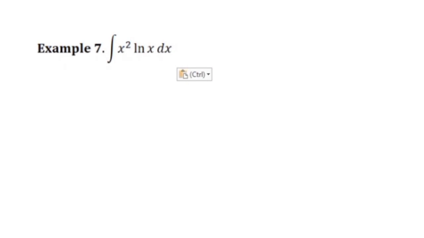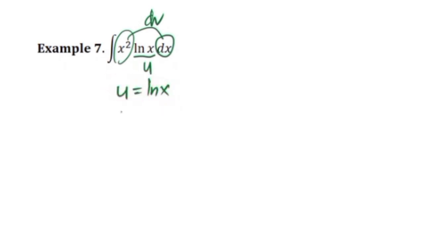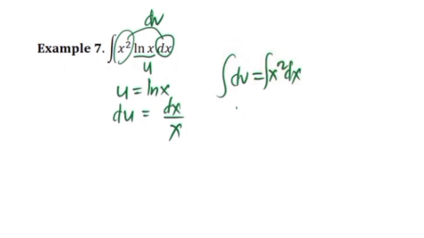Another solution is if we are going to let the ln x is equal to u and the x squared dx as our dv. So let u is equal to ln x and the derivative of u is du. The derivative of ln x is dx over x. So dv is equal to x squared dx. Taking the integral of this, we have v is equal to x cubed over 3.